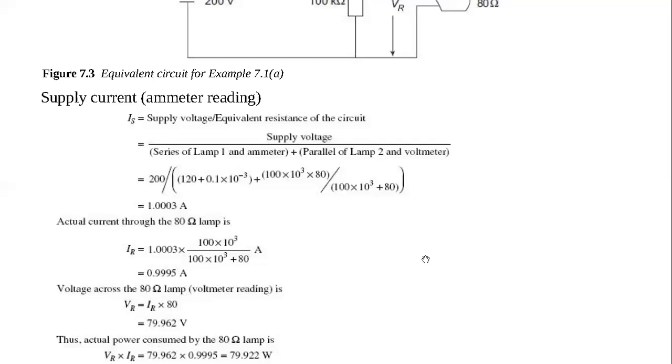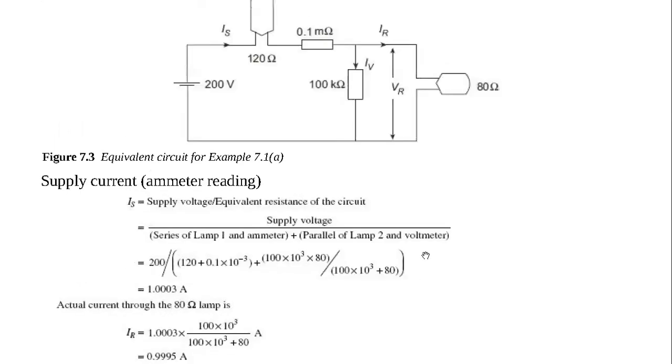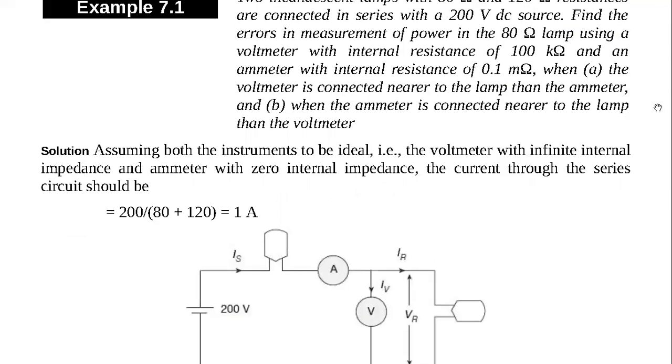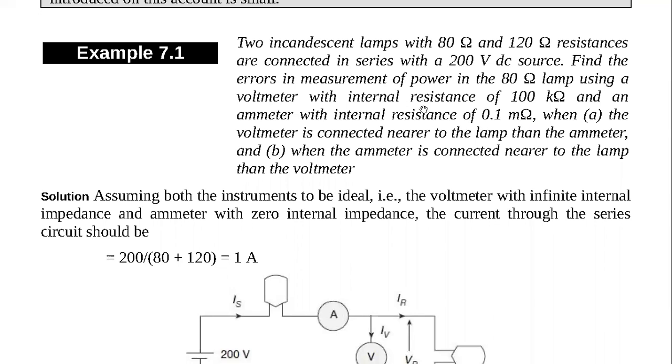So now we have seen the actual power that is consumed by the 80 ohm lamp. You can go back and look at the question. We're told to find the errors in the measurement.